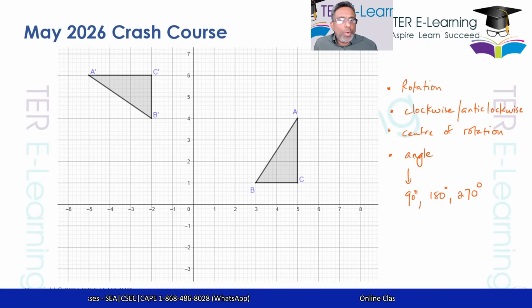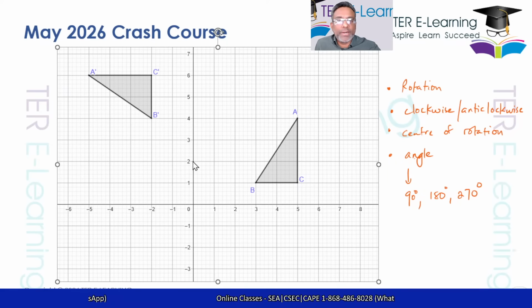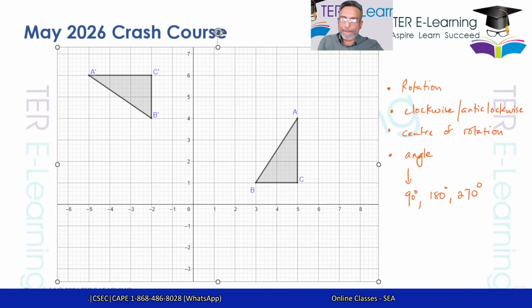Now let me show you a little trick that we're going to do. I'm going to take this diagram here. I'm not sure if you're going to see my screen here, but I'll try my best.